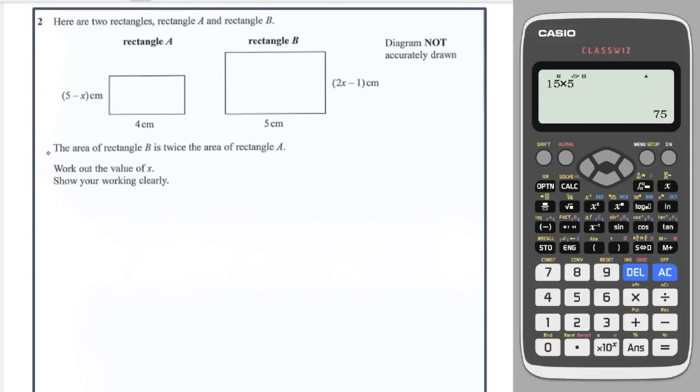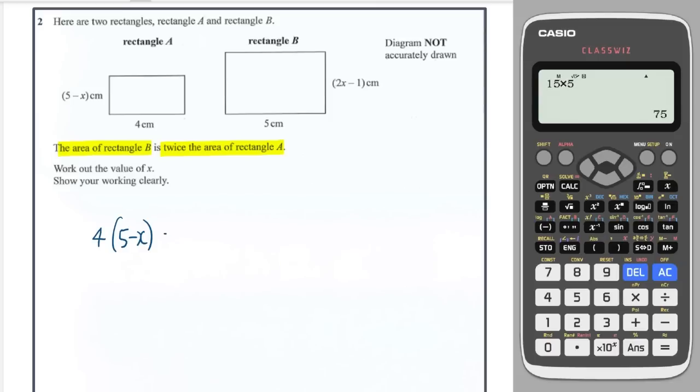Question 2. There are two rectangles. It says the area of B is twice the area of A. So the area of B is going to be 4 multiplied by 5 minus x, because a length times width is going to give me the area.